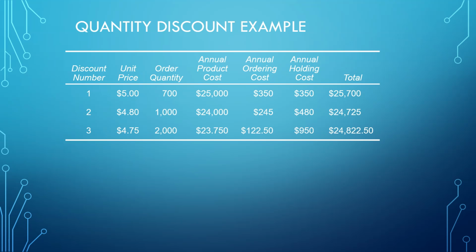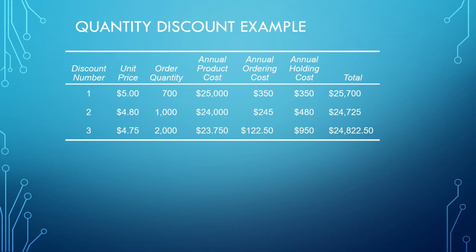The annual product cost with no discount is equal to 5 times 5,000, and that is $25,000. The annual ordering cost will equal 5,000 divided by the quantity per order, which is 700 units.